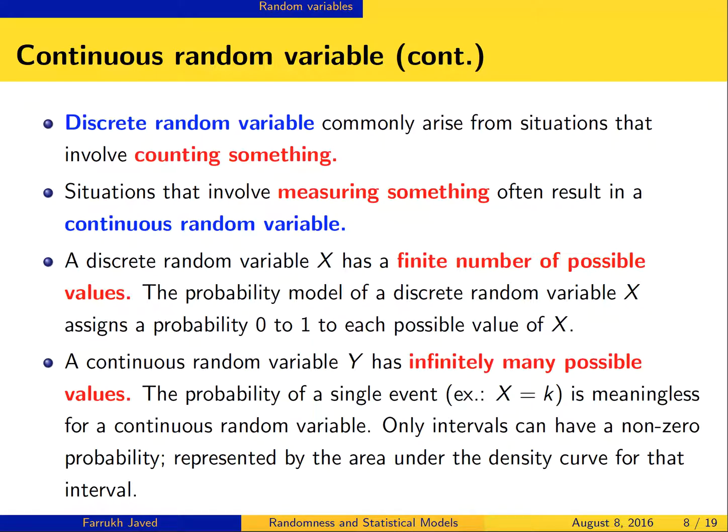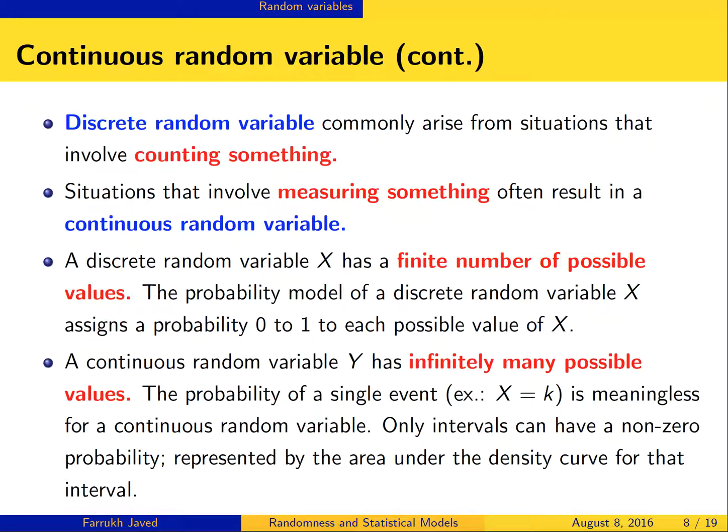A continuous random variable y, meanwhile, can have infinitely many possible values. So the probability of a single event is meaningless in a continuous setting. Only an interval can have a non-zero probability, represented by the area under the density curve for that interval, as we discussed earlier in the previous slide.